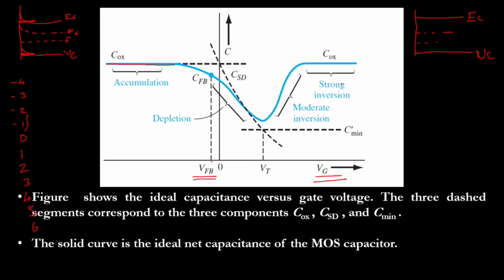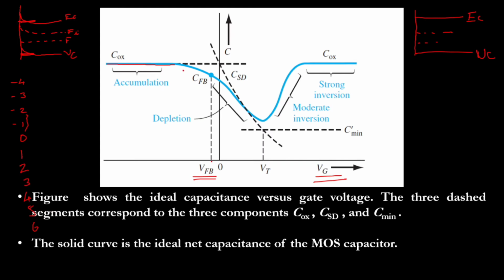Inversion going to happen means the electrons are going to accumulate at the junction of semiconductor and oxide. So slowly the capacitance is going to increase, and if I apply a large positive voltage, the capacitance value is going to be the same as the accumulation capacitance value.